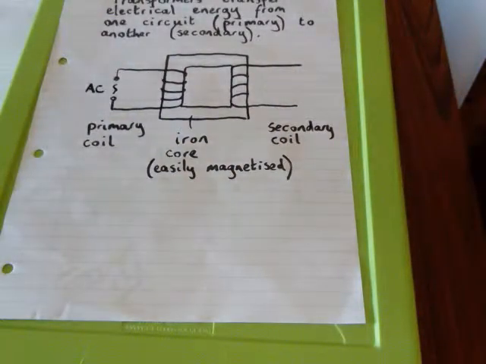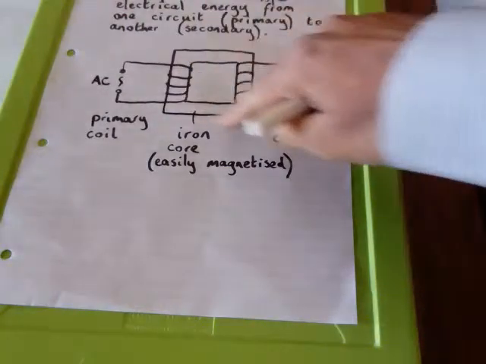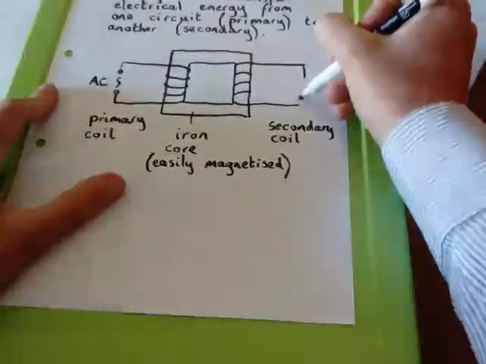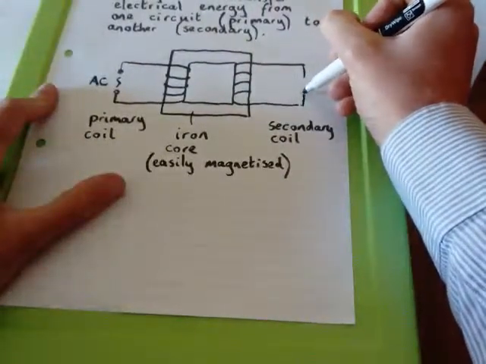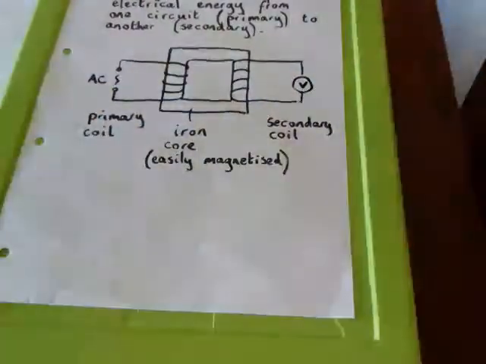That's the source that has the power input. But that electrical energy, through this magnetic link, is being transferred into this one. And a bit like we had before, we'll show a voltmeter here, measuring what's coming out. And that's a transformer. It transfers the electrical energy from one to the other.